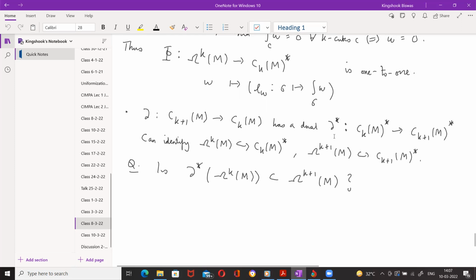So there is a dual linear map, delta star, between the dual spaces from k cochains to k plus 1 cochains. And now sitting inside the k cochains, we have the k forms. And sitting inside the k plus 1 cochains, we have the k plus 1 forms. So the natural question is, does the dual of the boundary operator map this subspace of k forms to the subspace of k plus 1 forms? Okay.